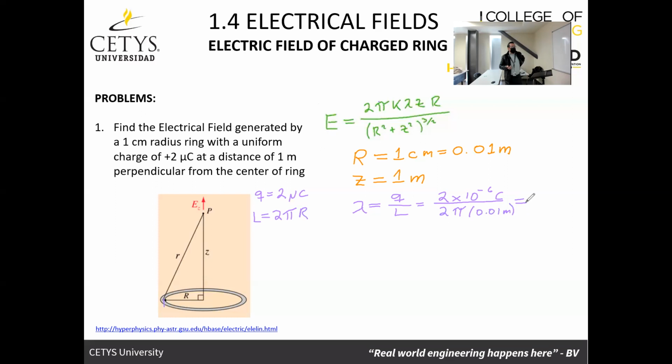Two times 10 to the minus 6 divided by 2 pi times 0.01. It's gotta be a small number.